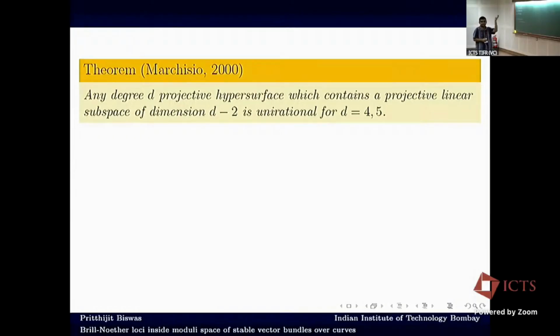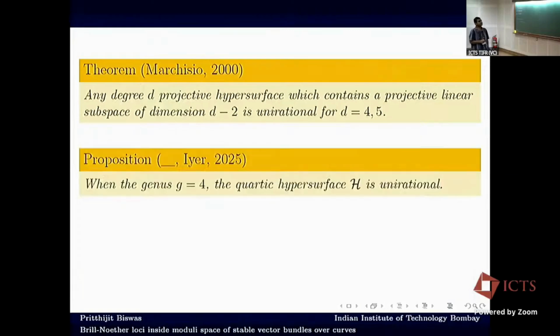So these are known only for very special cases, and it remains a conjecture for higher d, and the conjecture is due to Conte, I forget the name. But for d equal to 4 and 5, using this result of Marchisio, when genus is 4, this quartic hypersurface is unirational.